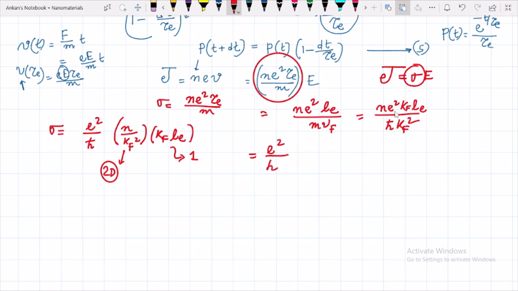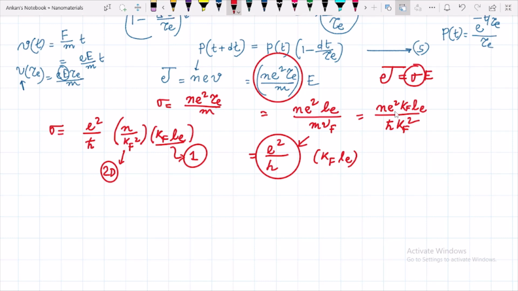e squared upon h-bar into 1 by 2 pi means e squared upon h. And the term within the bracket is taken to be equal to 1. If we take this, then this will be e squared upon h. If this is not 1, it may have some value, but the important thing here is that the conductivity is in units of e squared by h.